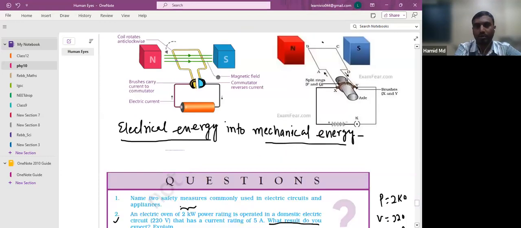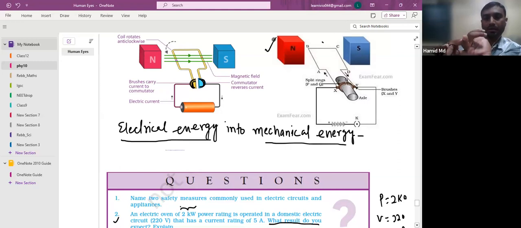Okay, so this is our original motor. This is the diagram. So what happened? If the direction of magnetic field is in this direction, left-hand rule, and current is in this direction, concentrate on this graph.